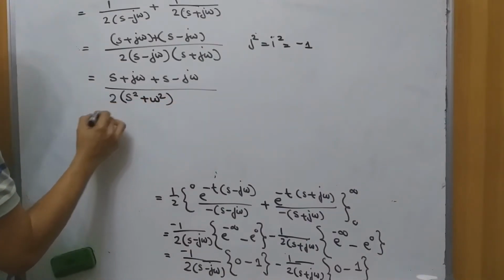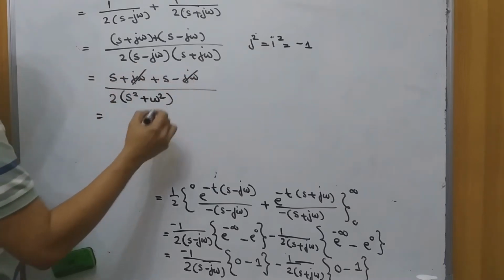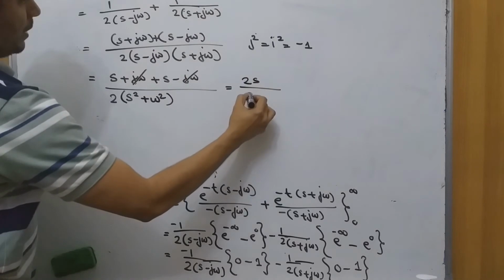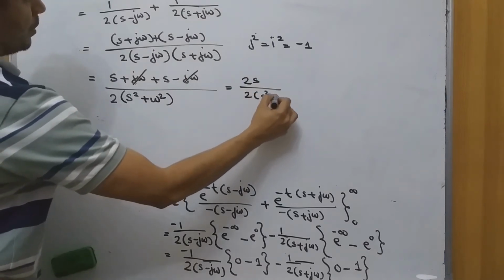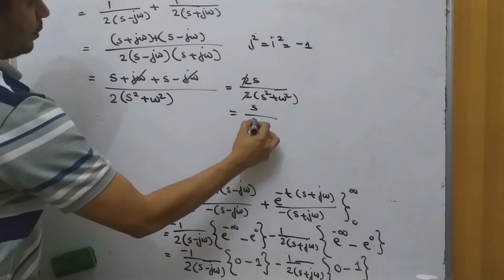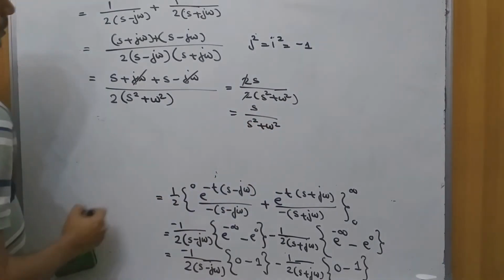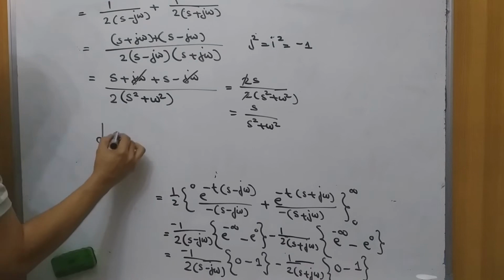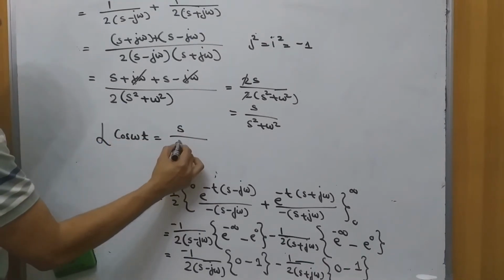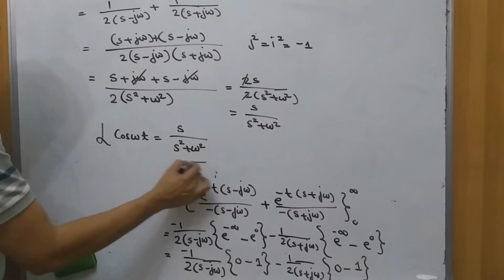So we get s square plus omega square, and on top the j omega terms get cancelled, so we have 2s divided by 2 into s square plus omega square. The 2s cancel, so we have s over s square plus omega square. In short, the Laplace transform of cos omega t is s divided by s square plus omega square.